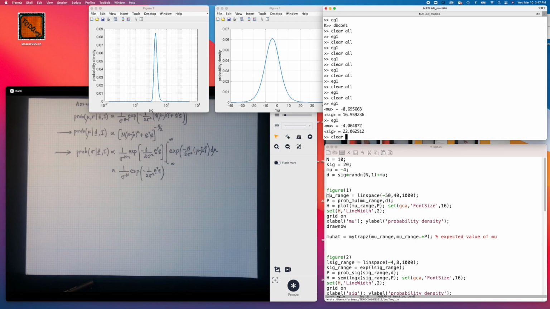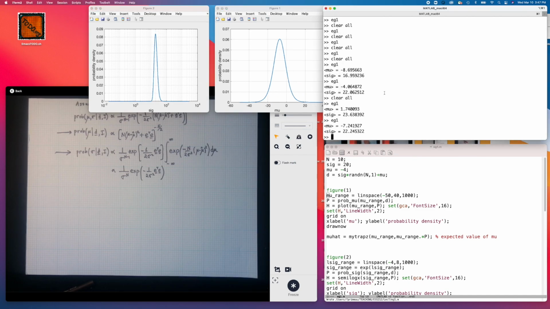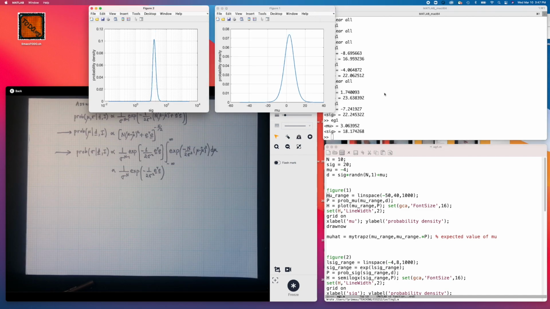And let's try again. Clear all. Okay, so it seems to be producing reasonable results. Of course, there's still some more tests that would need to be done to properly test the code.